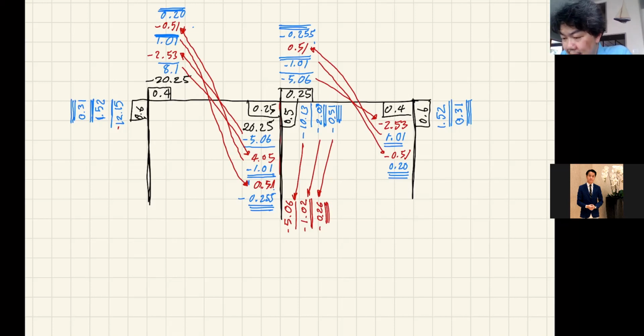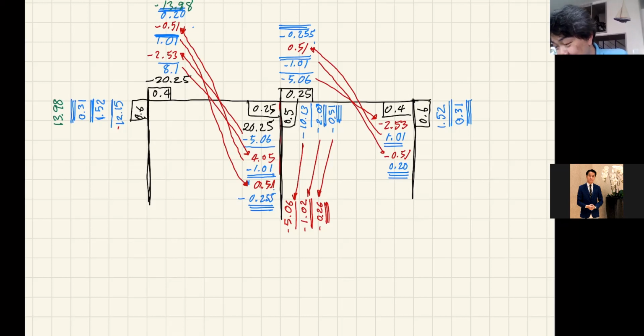Okay, here at the end of member AD at joint A, this is 13.98. Right there at the AB, that's minus 13.98. See that? Same number.